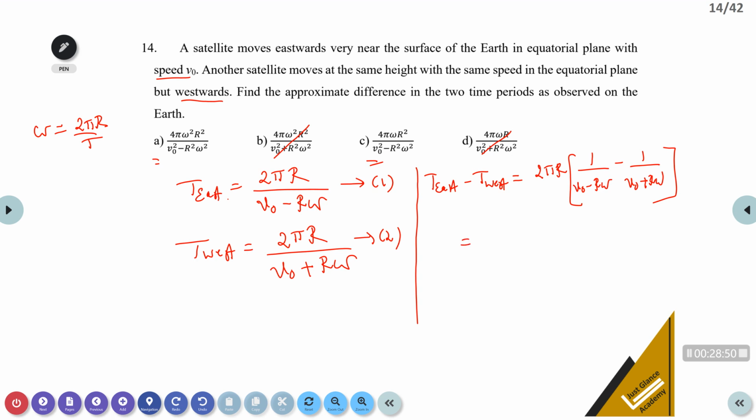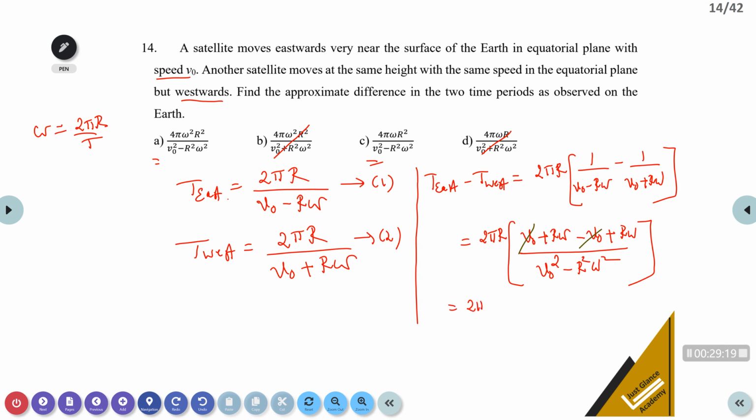So this is equal to 2 pi r into bracket, taking the LCM: V naught plus r omega minus V naught minus r omega. So this cancels here.